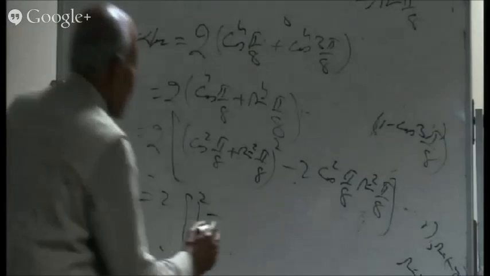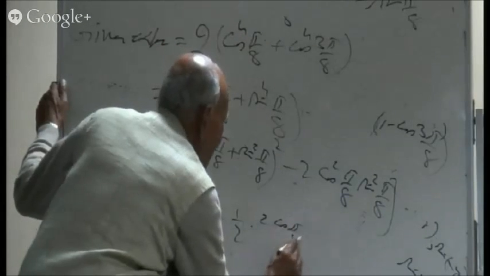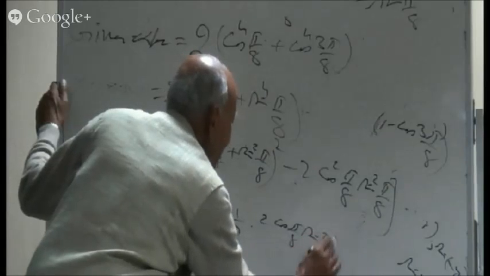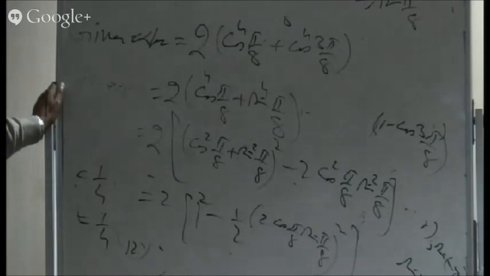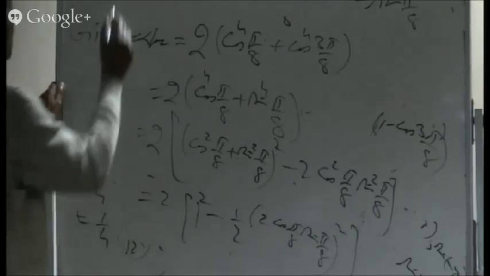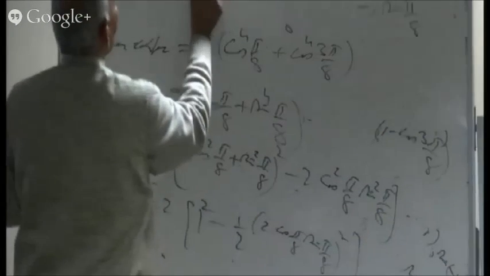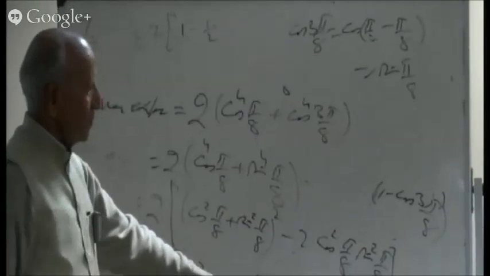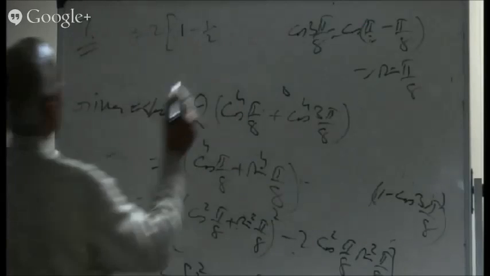So here we are getting 1 by 2, I am writing extra, then I will be getting 2 cos of pi by 8 sine of pi by 8, and this is whole square. Is it clear how the things are happening? So this is equal to 2 times 1 minus 1 by 2 times sine pi by 4 whole square. And sine pi by 4 is 1 by root 2, so 1 by root 2 whole square.